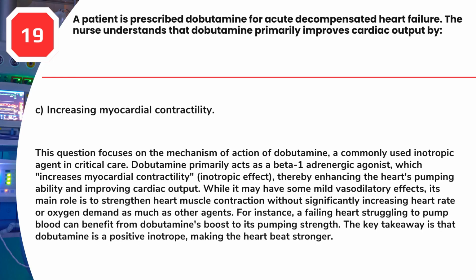While it may have some mild vasodilatory effects, its main role is to strengthen heart muscle contraction without significantly increasing heart rate or oxygen demand as much as other agents. For instance, a failing heart struggling to pump blood can benefit from dobutamine's boost to its pumping strength. The key takeaway is that dobutamine is a positive inotrope, making the heartbeat stronger.